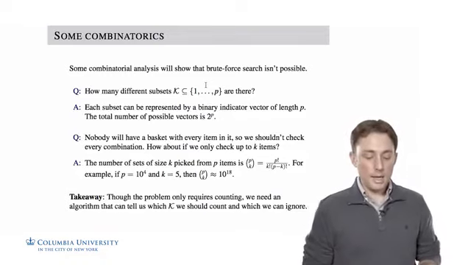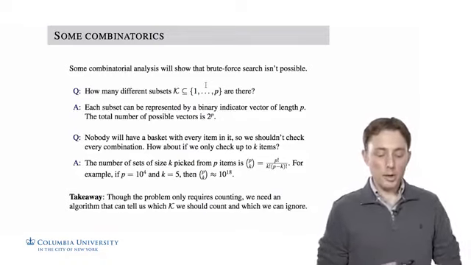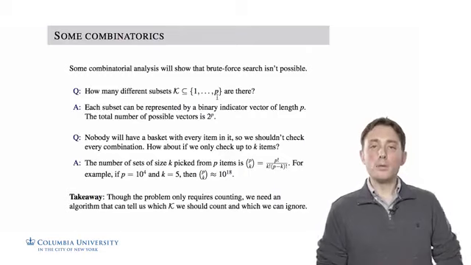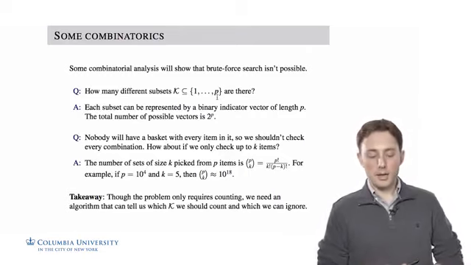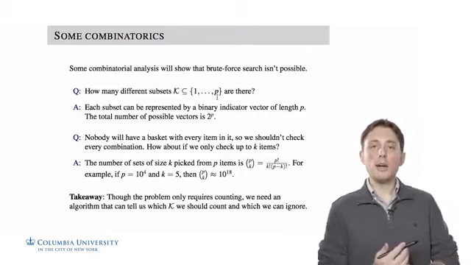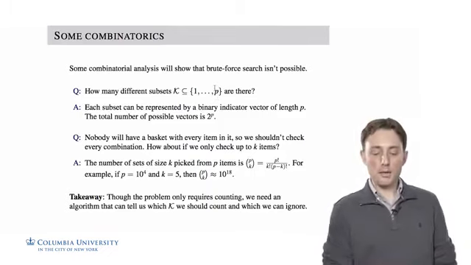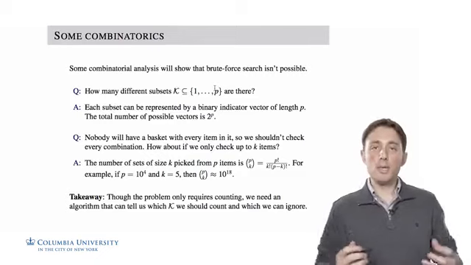Okay, so then we might say that, well, clearly nobody will have a basket with every item in it, and if p is very large, we could upper bound the number of items that we want to check to k. So we only care about checking subsets of k objects picked from p, a superset of p total objects.